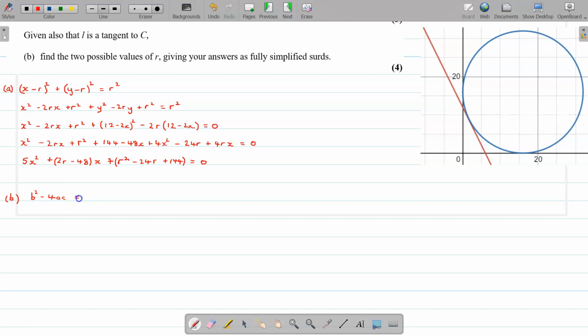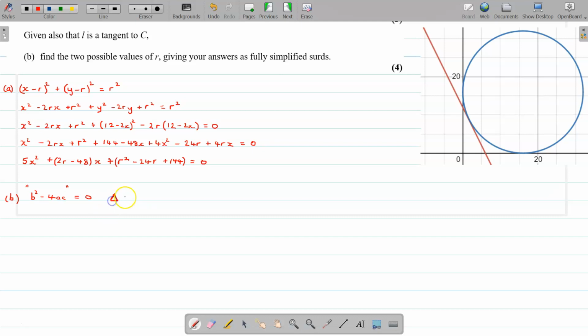Now, because we haven't used those variables, I'm just putting that in speech marks, because we talk about the discriminant as being b squared minus 4ac, and that's perfectly acceptable. Or you could just use delta equals 0. Okay, that's another thing you might write instead.